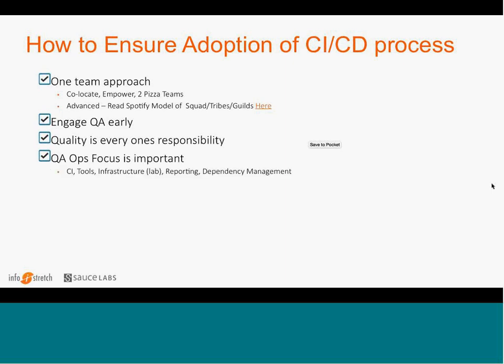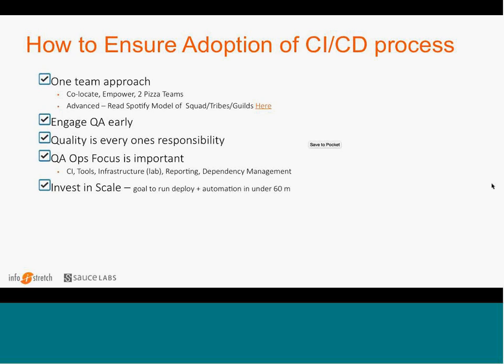Focus is also very important, where for CI tools and infrastructure, instead of DevOps, a QA Ops group has to coordinate and collaborate with the DevOps team. And QA has to take a very important role in going towards the CI/CD process.